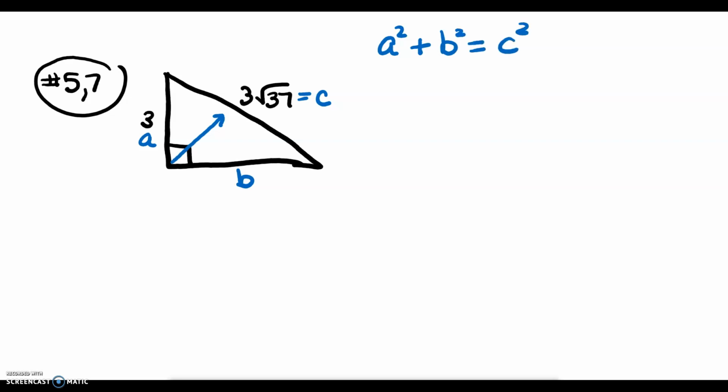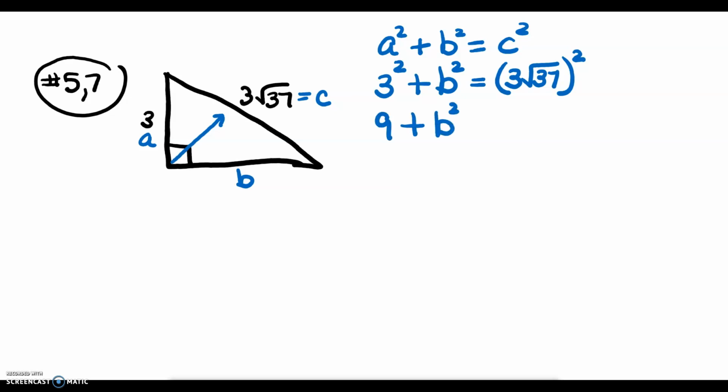So I know A is 3, so 3 squared. I am missing B. I don't know what to put in for B, so that is my unknown side. And then I have 3 radical 37 for C. So here I have to square my 3 to get 9 plus B squared.